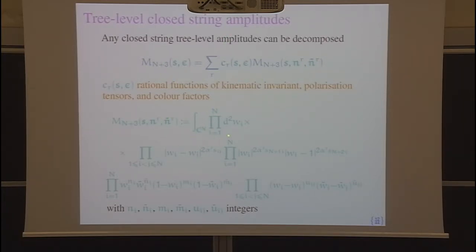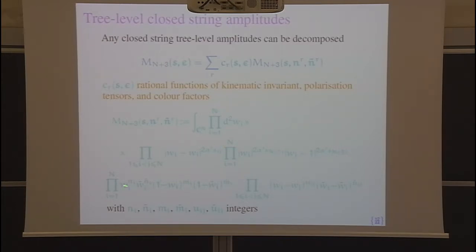Generically, this object I define as follows. The reason I have plus 3 is that I have fixed 3 points as 0, 1, infinity. So I'm integrating over only the n points that remain. For the 4-point function I'm integrating over one puncture. Here I have the product of the differences between the positions of my vertex operators, to the power of the kinematical variable, alpha prime Sij, with 1 minus 0 and minus 1.